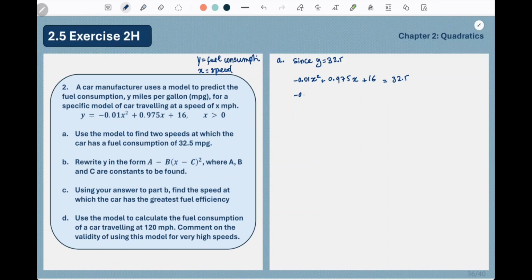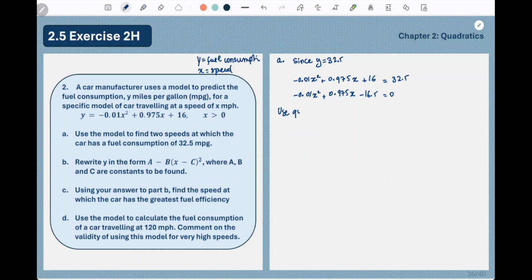So I'll move everything to one side so I can get 0 on the other side, and I can use the quadratic formula. So 16 minus 32.5, that's minus 16.5, and that's equal to 0.